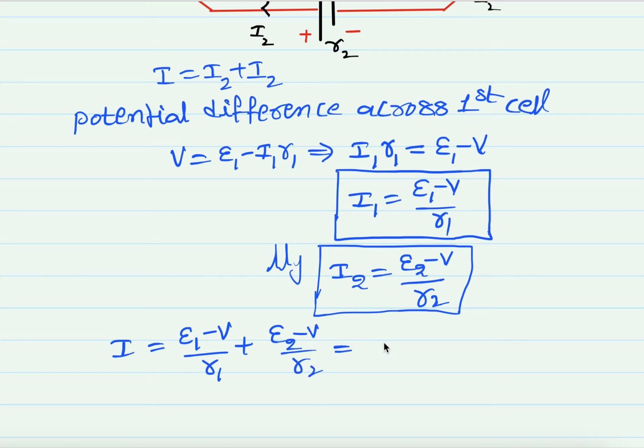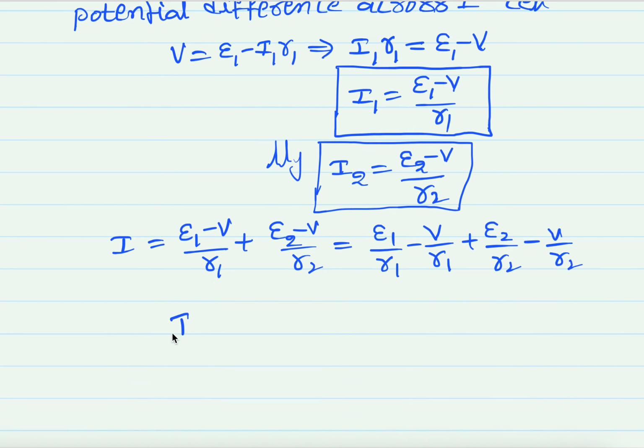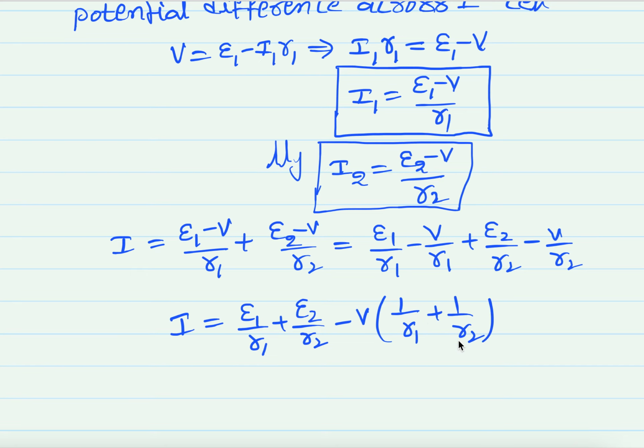So I'll separate the terms here: E1 by R1 minus V by R1 plus E2 by R2 minus V by R2. Now I'll write all EMF values on one side. So E1 by R1 plus E2 by R2 minus V, the common term, take out, then it is 1 by R1 plus 1 by R2.